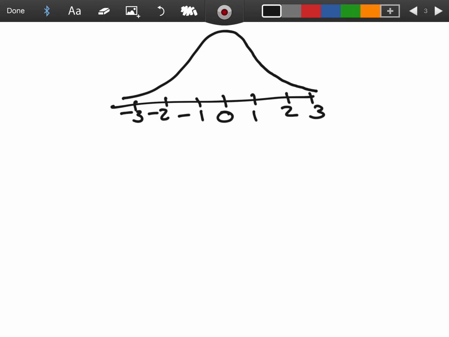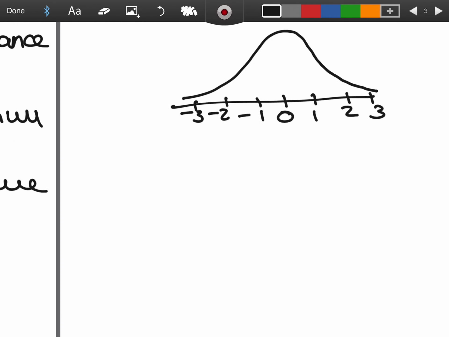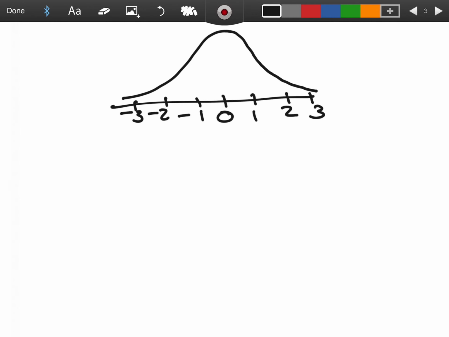So they're not going to have a mean of 0 and standard deviation of 1. But what this Z transformation did for us was pull it back to have a mean of 0 and a standard deviation of 1, okay? So when you actually find this Z value, what it's going to tell you is how many standard deviations the sample mean is away from the population mean.